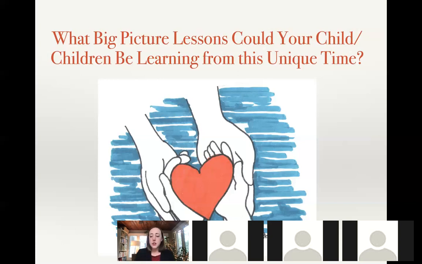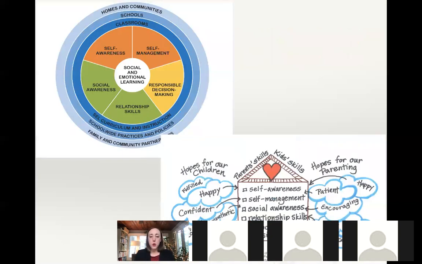So let's talk about those social and emotional skills. Everything that I look at when I ask questions about how this looks in family life, this is always the lens through which I look, which is social and emotional learning.